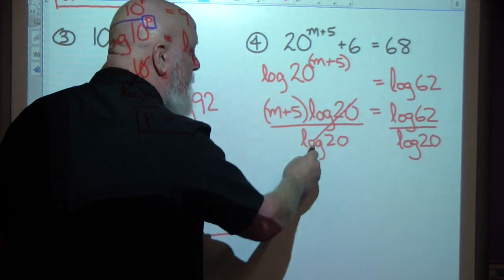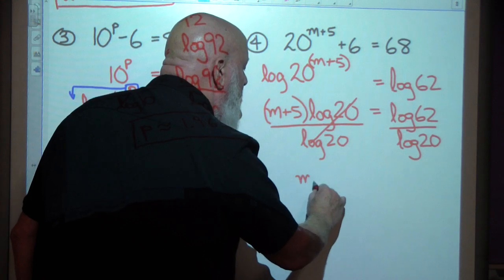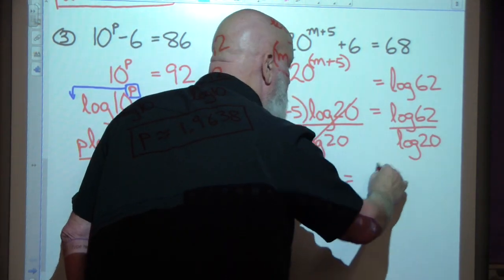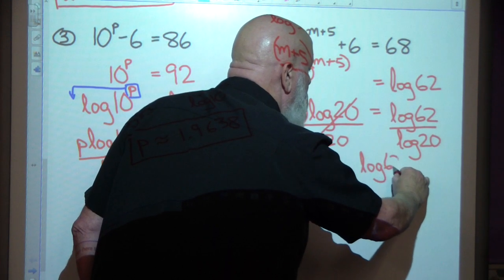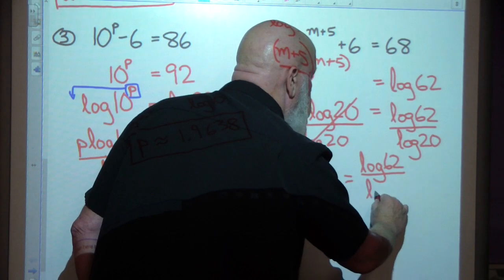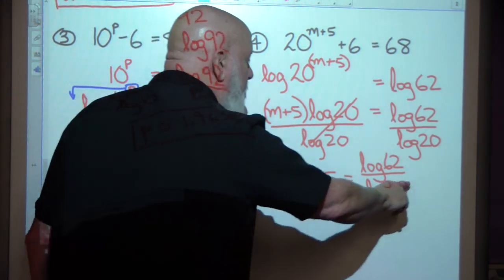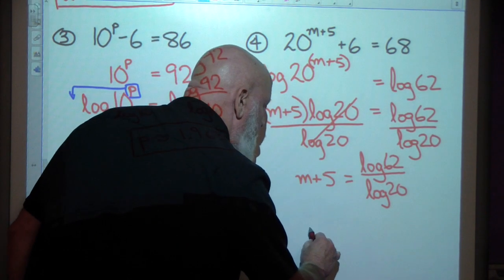This will cancel and leave me with m plus 5. I no longer need the parentheses. Just going to rewrite it. Then I subtract 5 from both sides. And that will give me m.